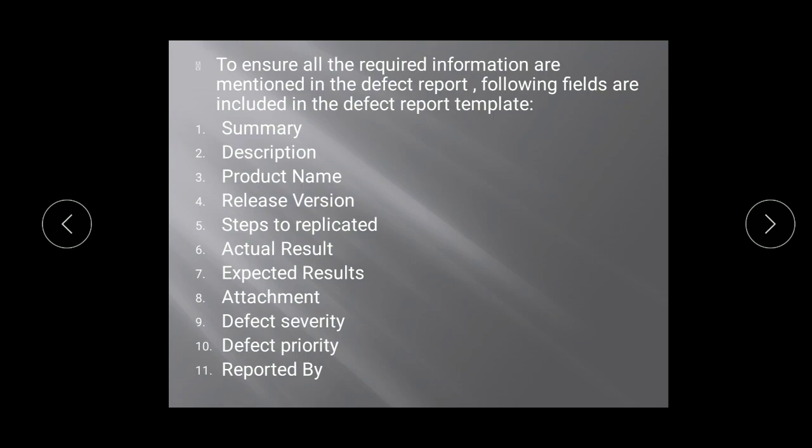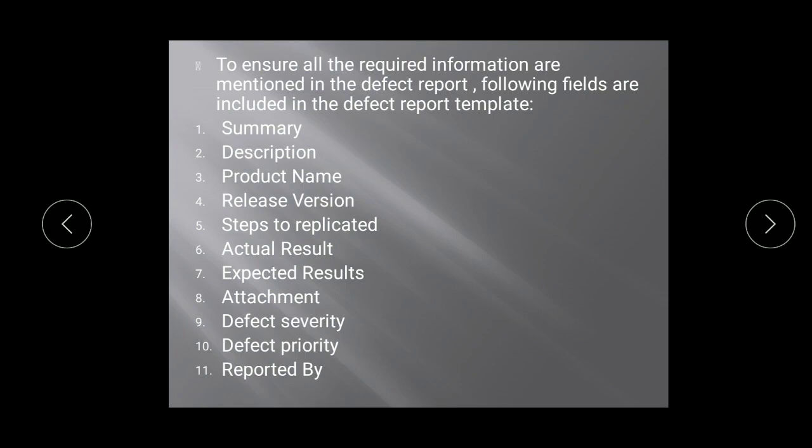The product name, that is the software name. Release version, at what version level it is being executed. Then steps to replicate: a step-by-step description of how the defect is reproduced. Every time you go into the software and it gives you the problem, you have to write it step by step.